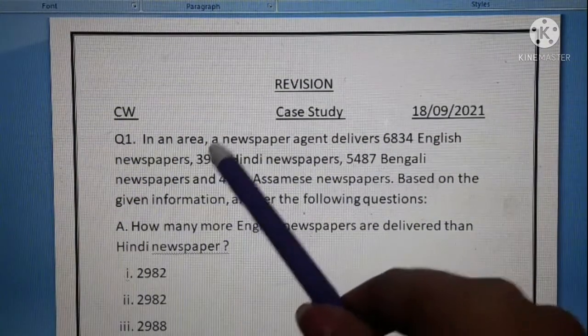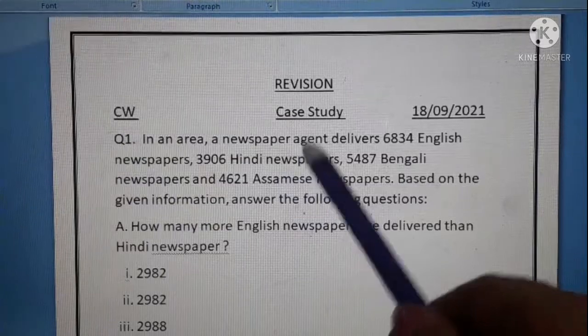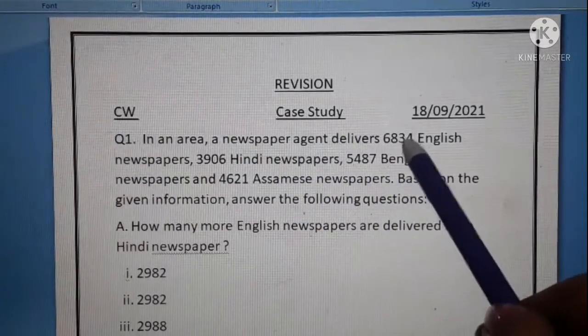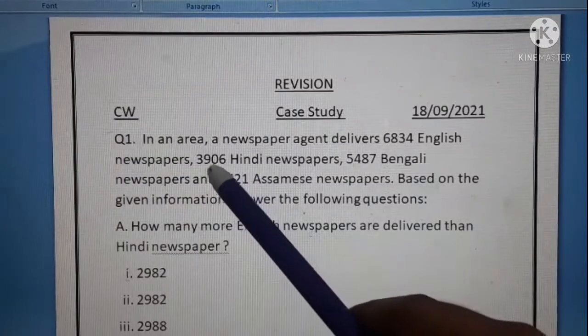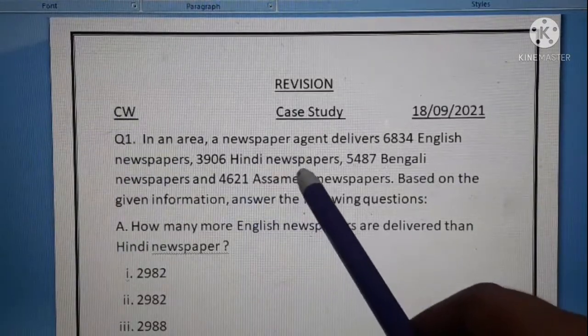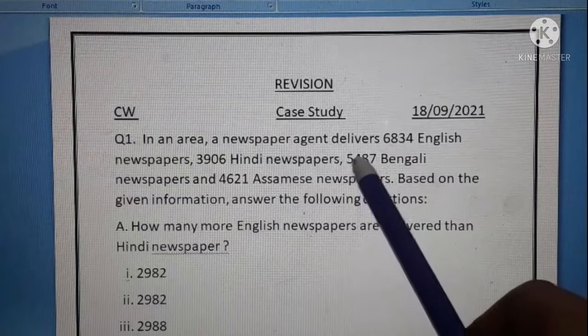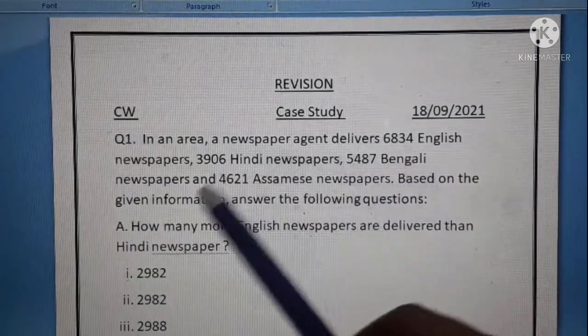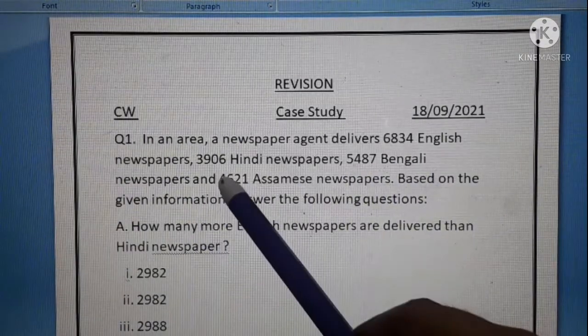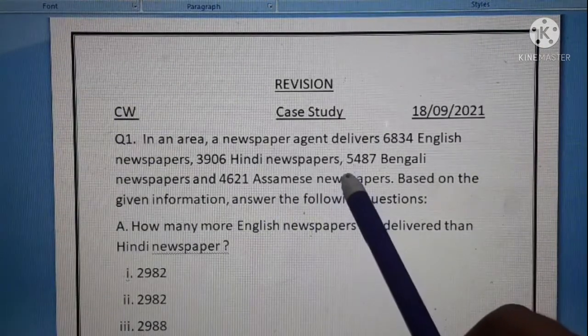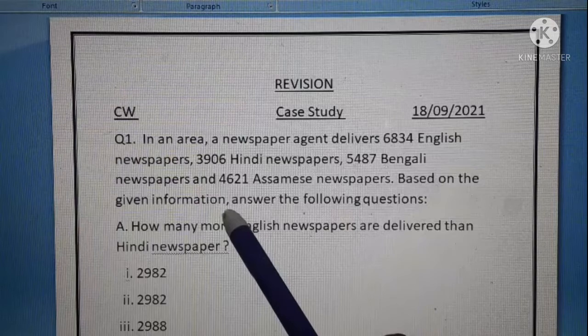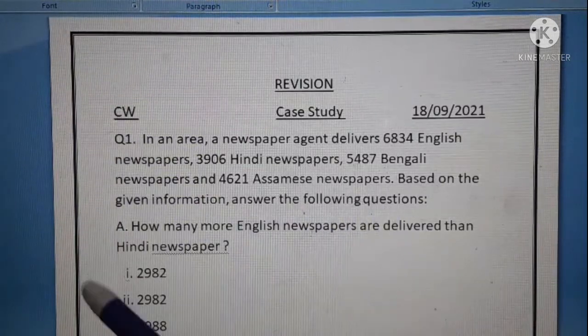In an area, a newspaper agent delivers 6,834 English newspapers, then 3,906 Hindi newspapers, 5,487 Bengali newspapers, and 4,621 SMS newspapers. Based on the given situation, answer the following questions.